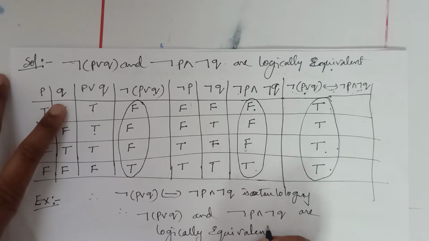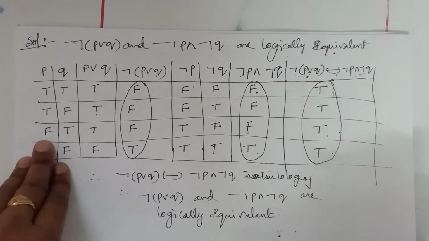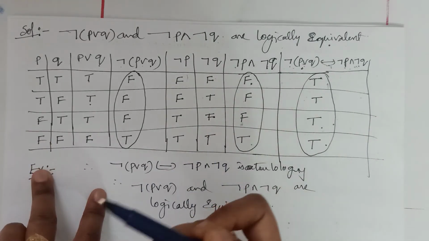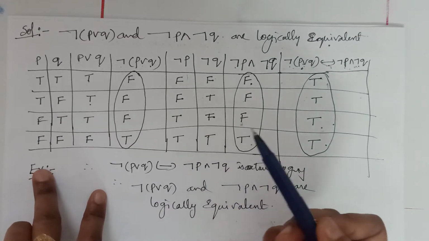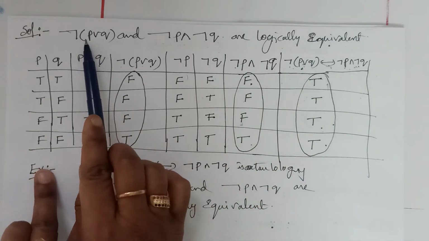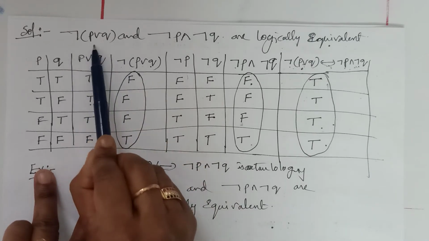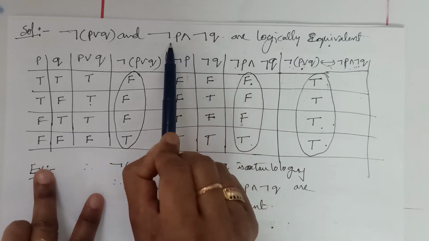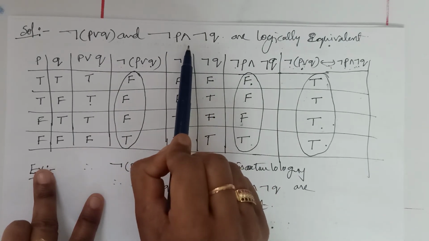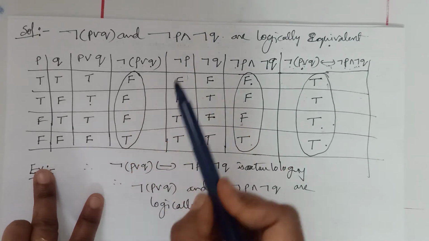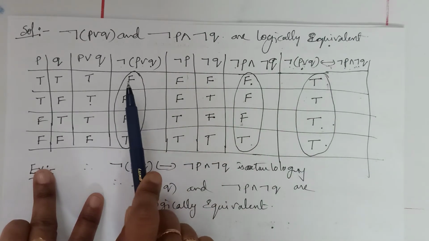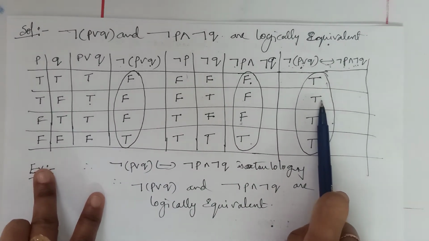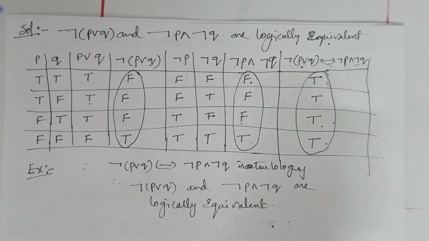In this way you can check whether any two given statement formulas are logically equivalent or not. First construct a truth table for this compound proposition, and again construct a truth table for the other compound proposition. Then for the biconditional P biconditional Q, you have to find out if it is a tautology; if so, these two are logically equivalent.